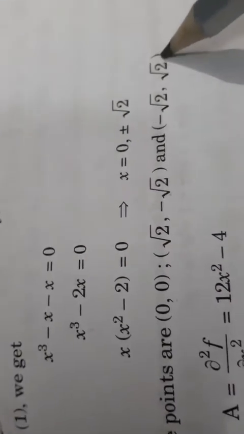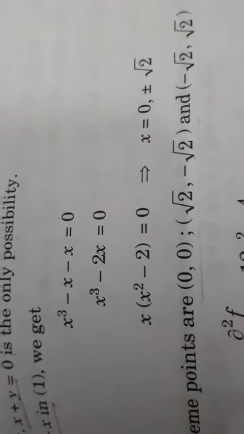X becomes 0, plus minus under root 2, whereas y is equal to minus x, so y becomes 0 and minus plus under root 2. So the points are 0 0, (under root 2, minus under root 2), and (minus under root 2, under root 2). These are the 3 points on which we will check the extreme value of the function.